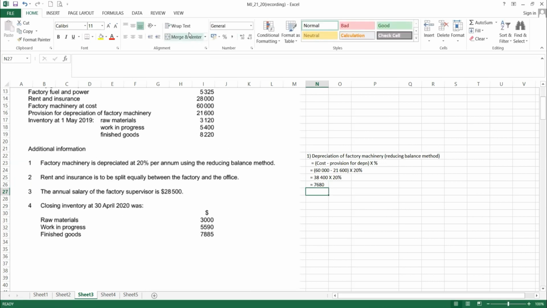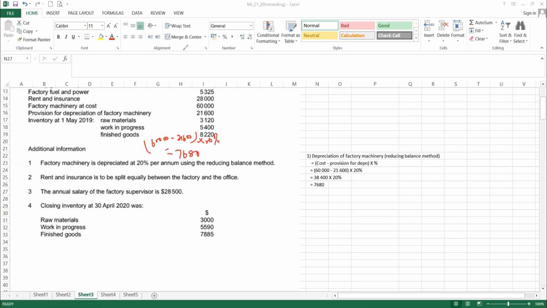In the exam, you can do your working beside the question. For example, if you want to calculate this amount first, write down 60,000 minus 21,600, and then times 20%, and straight away use the calculator. Write it somewhere in the space to show your working first, so that you will know later on that you need to use the number.